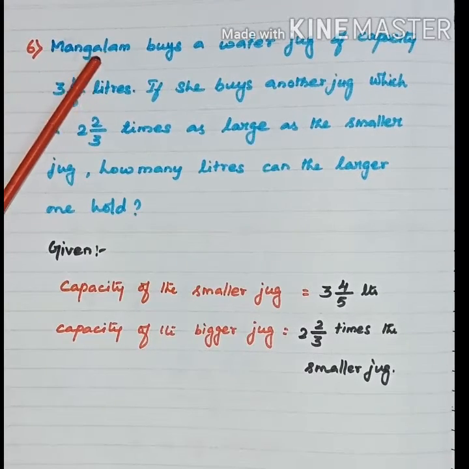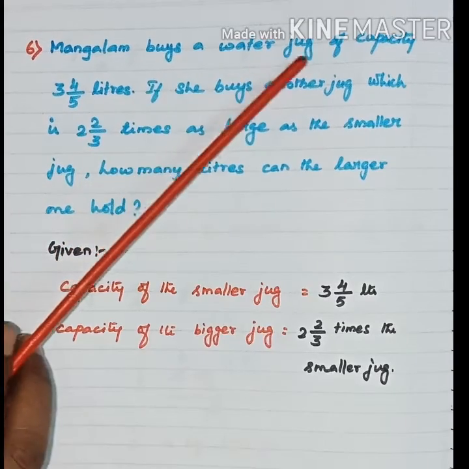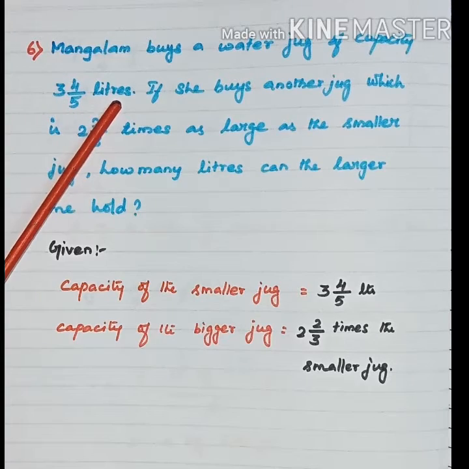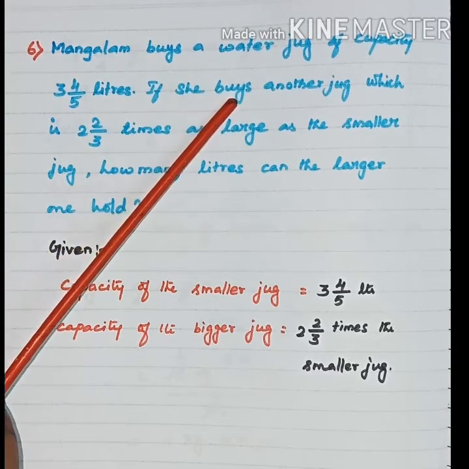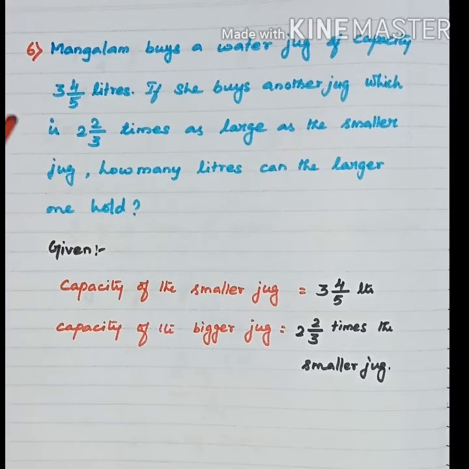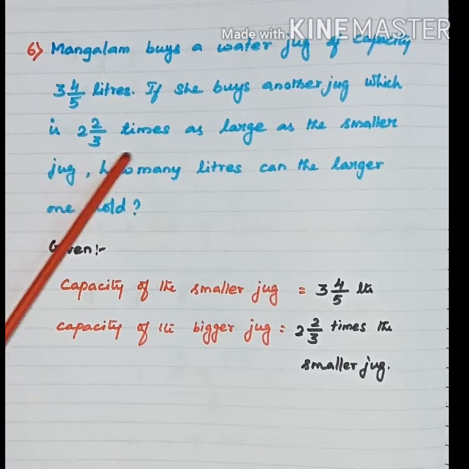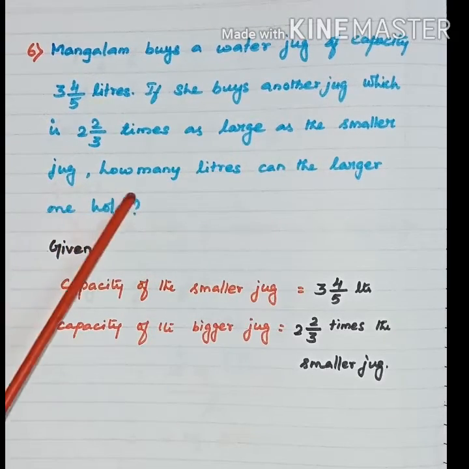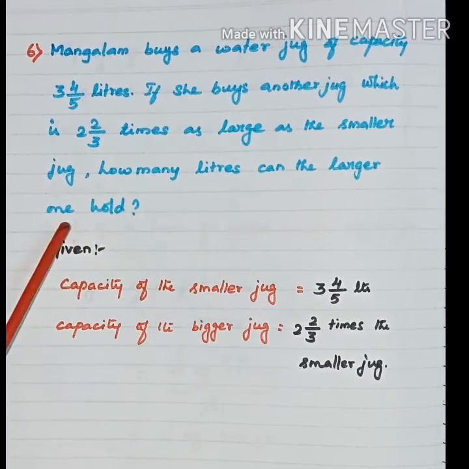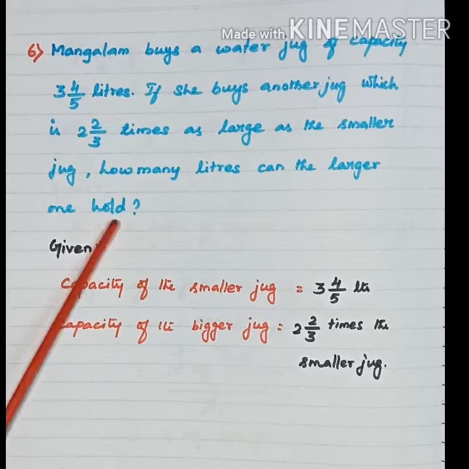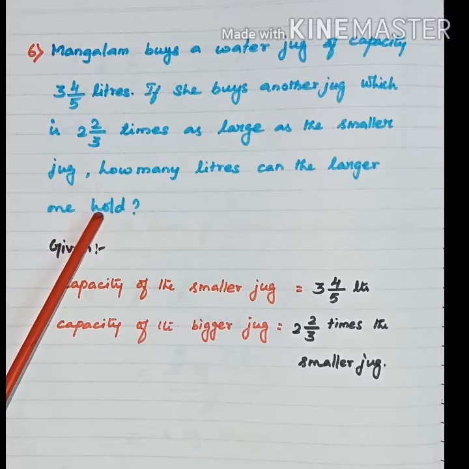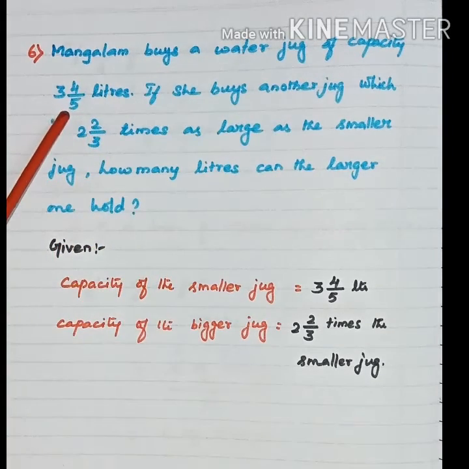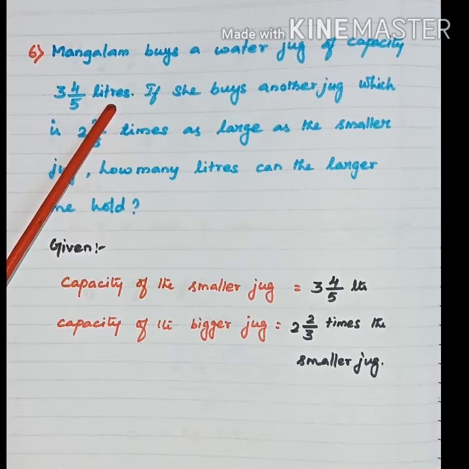Sixth sum is Mangalam buys a water jug of capacity 3 4/5 liters. If she buys another jug which is 2 2/3 times as large as the smaller jug, how many liters can the larger one hold? Once again, I'll read the sum. Mangalam buys a water jug of capacity 3 4/5 liters.